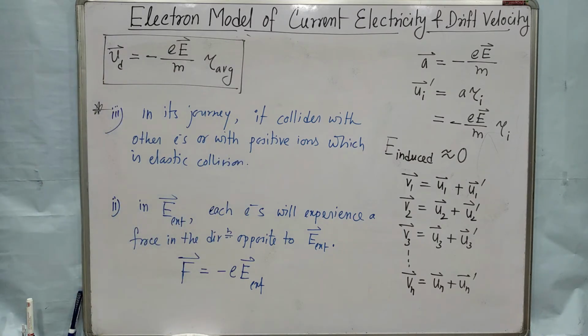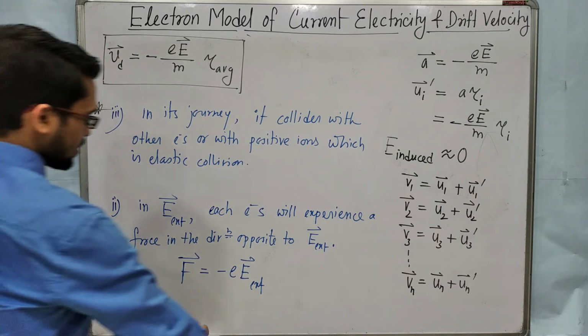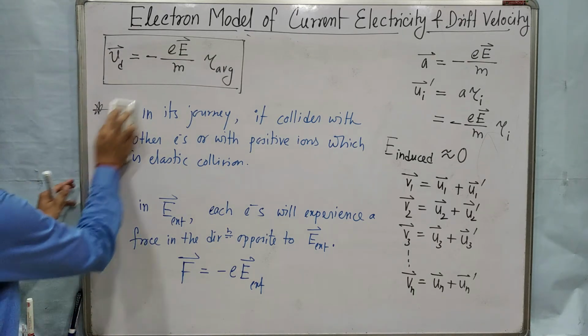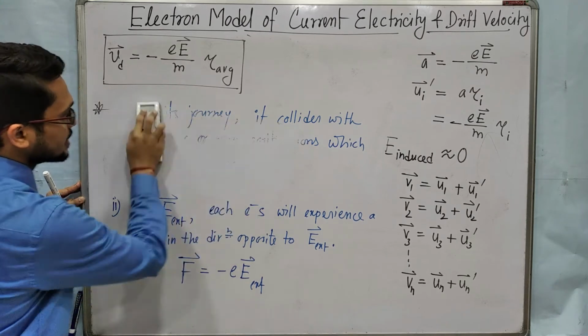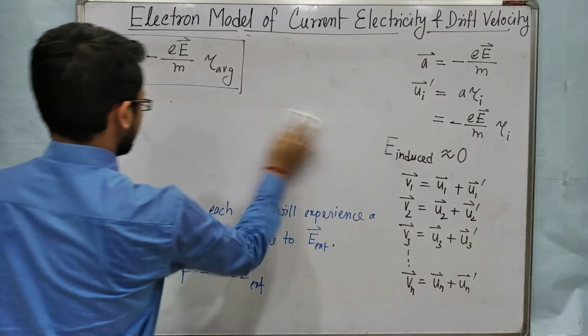So these are the three assumptions. With the help of these assumptions, we will now see the derivation of drift velocity.